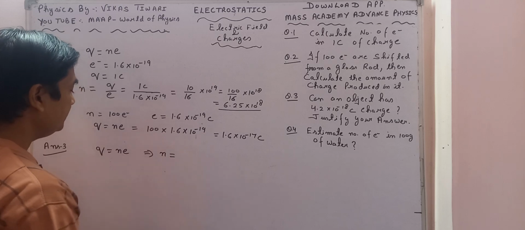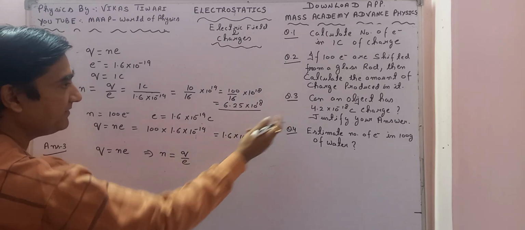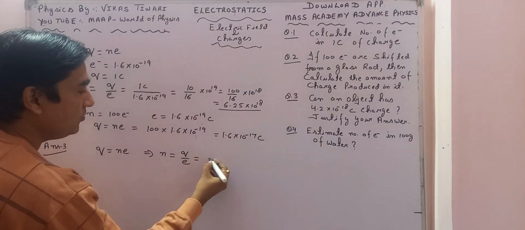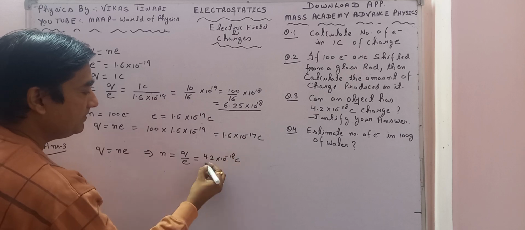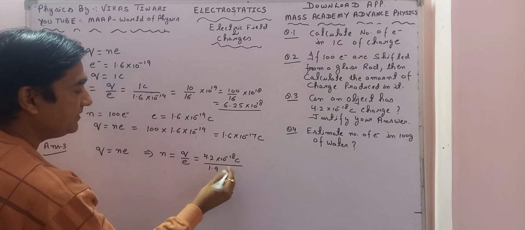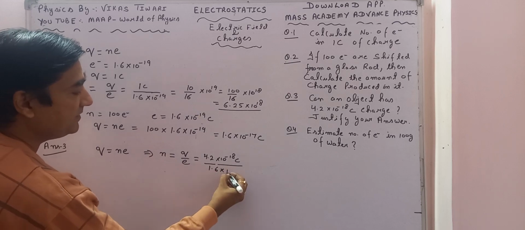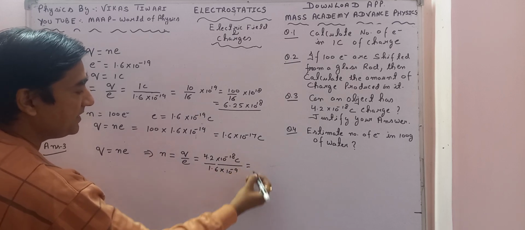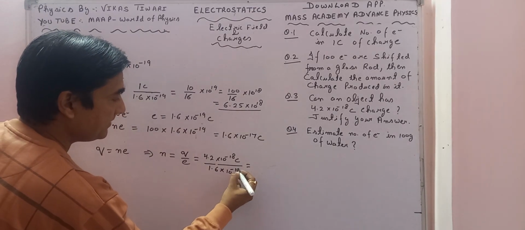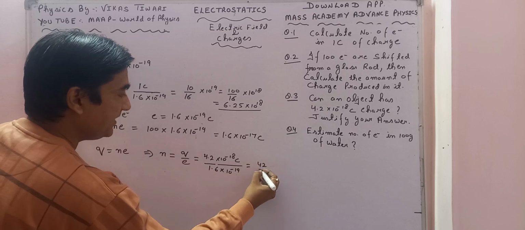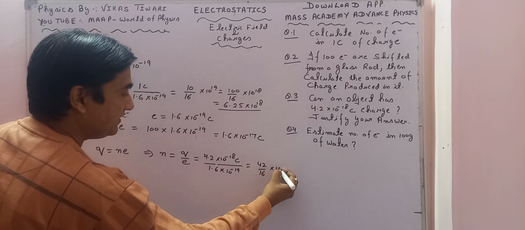So n is equal to q by e. Q is already given in the question, and it is equal to 4.2 into 10 raised to power minus 18 Coulomb divided by 1.6 into 10 raised to power minus 19. So it will become 42 upon 16 into 10 raised to power 1.